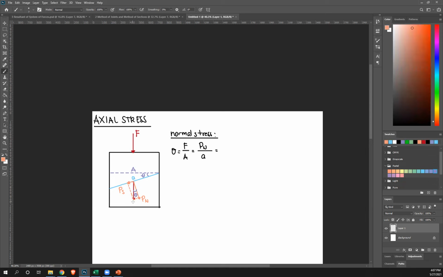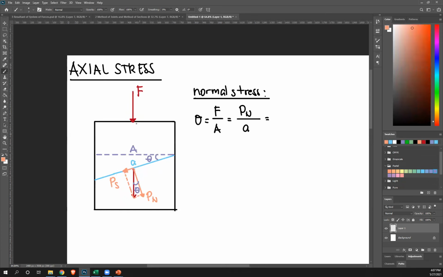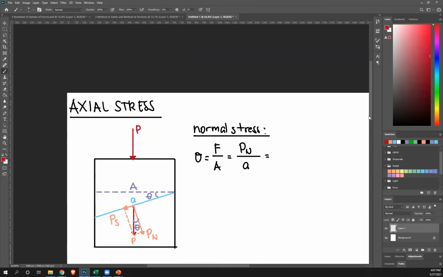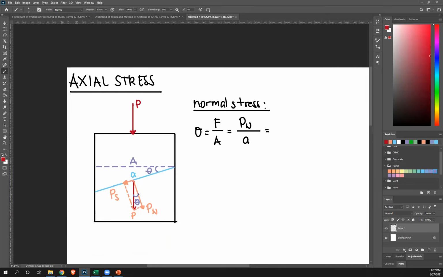So let's zoom in. So now let's call this P. I have a right triangle.